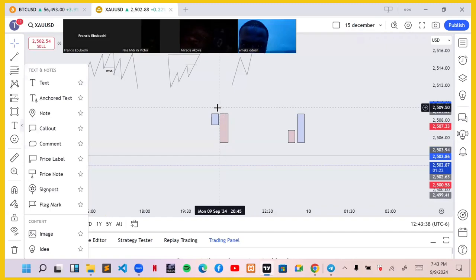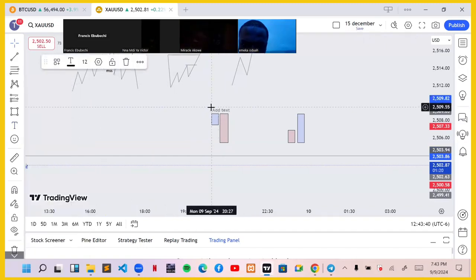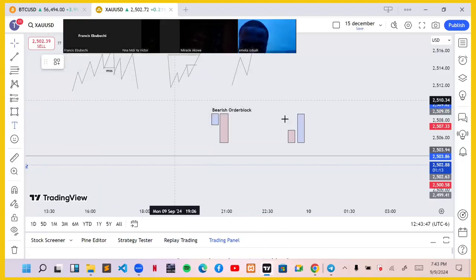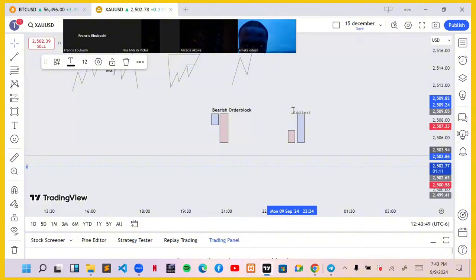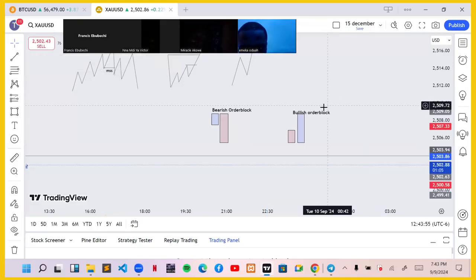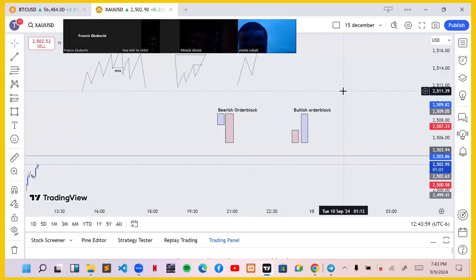So I'll mark it: bullish order block, bearish order block, then bullish order block, bearish order block, bullish order block.